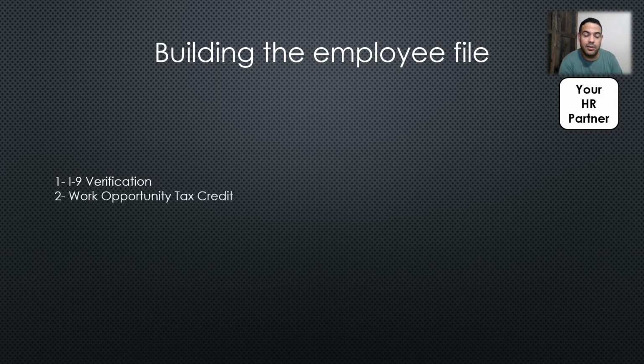The next document that you want to have is called the Work Opportunity Tax Credit. With that form, you're telling the government that you have hired an employee, a citizen, or someone who has an authorization to work in the US, and therefore you are looking to see if you could get a tax credit. It's actually a great benefit for employers.